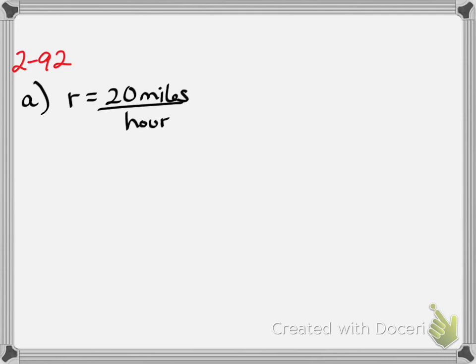92. How are distance, rate, and time related? Suppose you drove at a steady rate of 20 miles per hour. How long will it take you to travel 80 miles? Well, 20 miles an hour. How long will it take us to travel 80 miles?